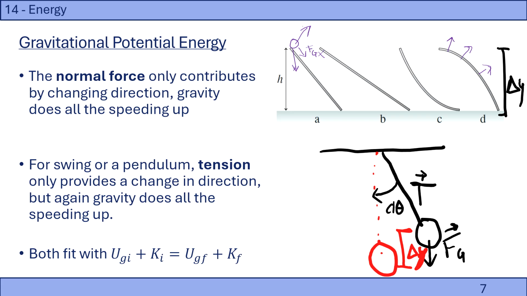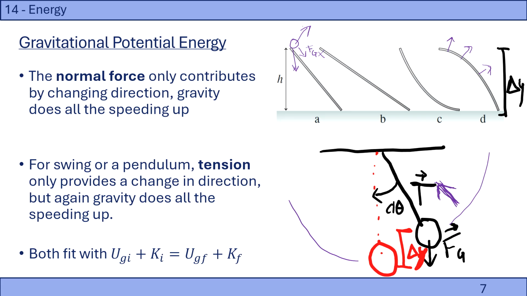It turns out that since the normal force really is only there to change your direction and is not there to speed you up or slow you down in the long run, it is gravity that does that. And so the normal force won't really contribute to this kinetic energy. The same kind of thing happens with tension in a pendulum. Tension only changes your direction because it's pointing towards the center of a big circle, like a big centripetal force.